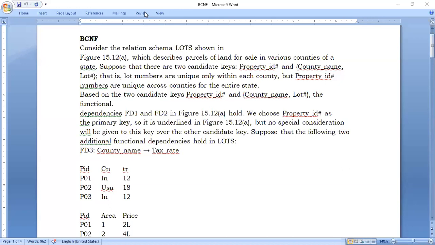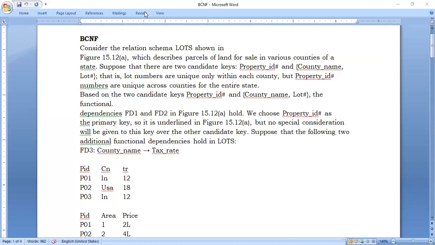The first normal form, we have already seen the definition. It disallows multi-valued attributes, it does not allow composite attributes, and it does not allow nested relations.